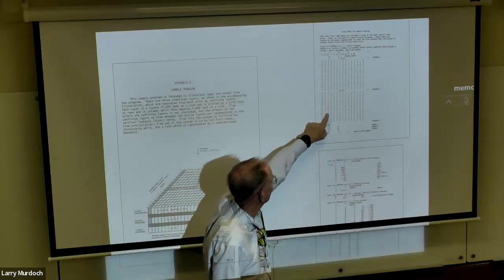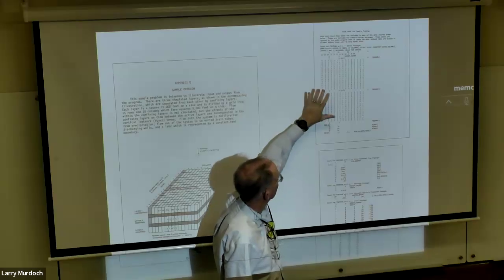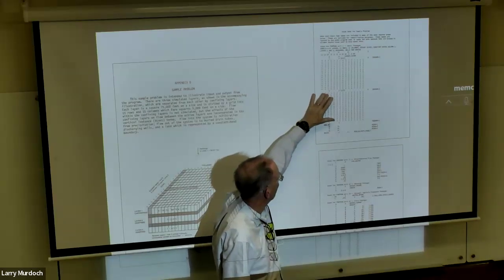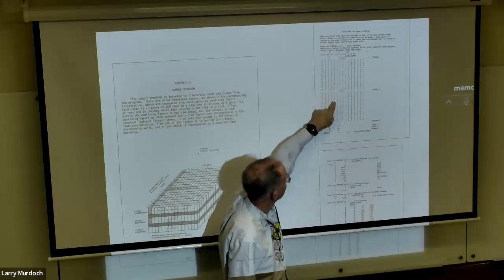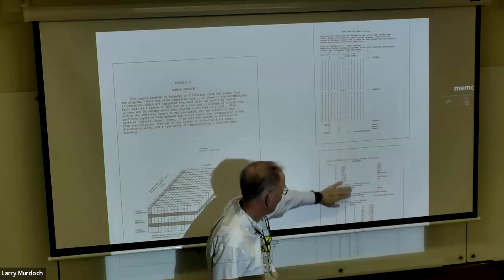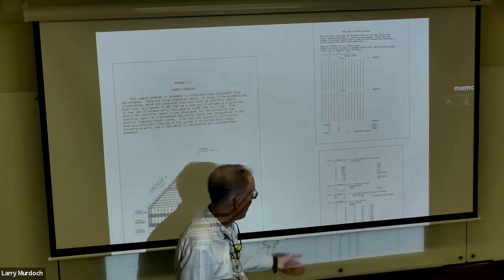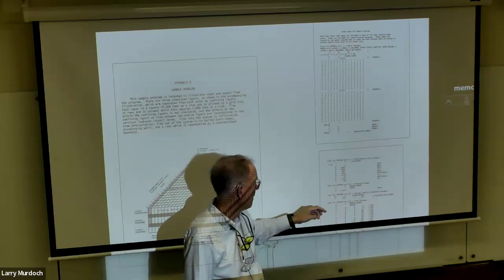Each one of these is one of the grid blocks for one of the layers. And these numbers are some code about what the boundary is, something like that. You'd also have grids like this that have the hydraulic connectivity. And then other stuff here, various information about how the model should be set up.